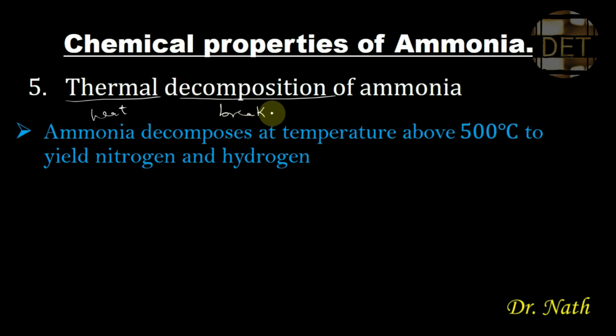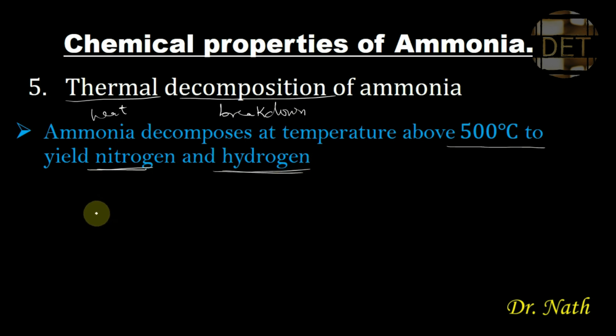So we are looking at the breakdown of ammonia using heat. When ammonia is heated to a certain temperature, it will break down to form nitrogen and hydrogen. So when ammonia is heated above 500 degrees Celsius, it will break down to form nitrogen and hydrogen.